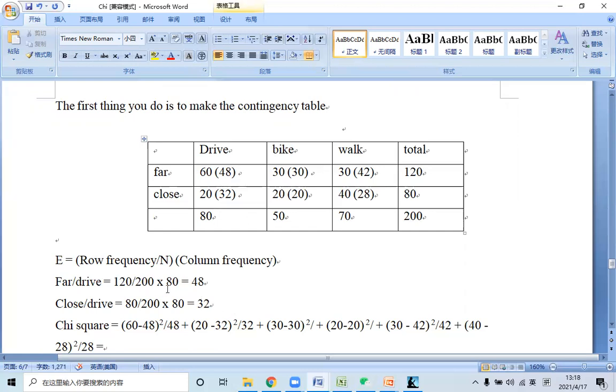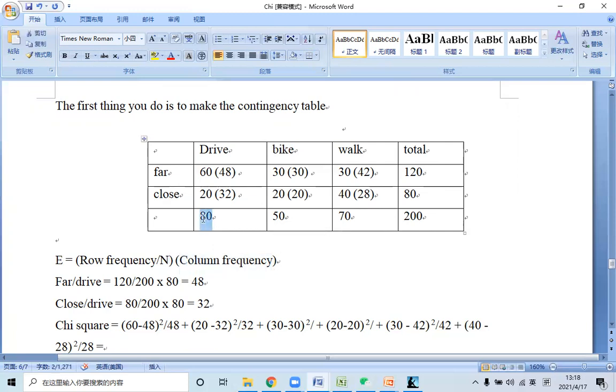And here is the row frequency divided by n. The row frequency divided by n would give you the proportion of people who live far away versus who live close by. And then the column frequency.